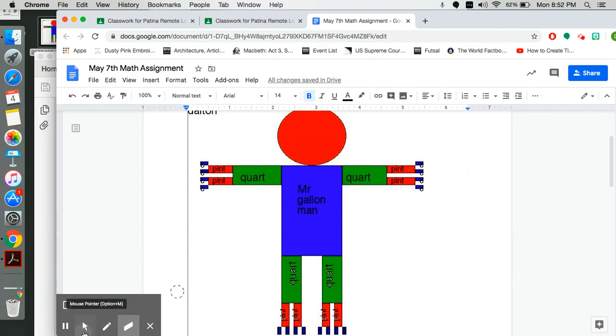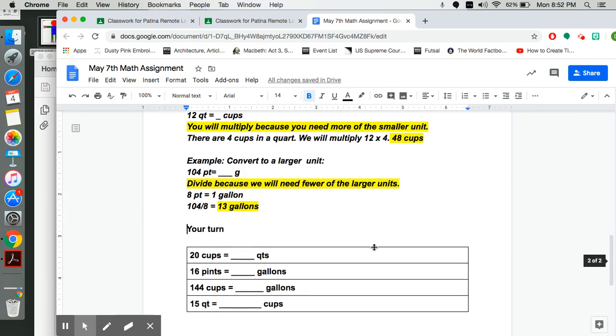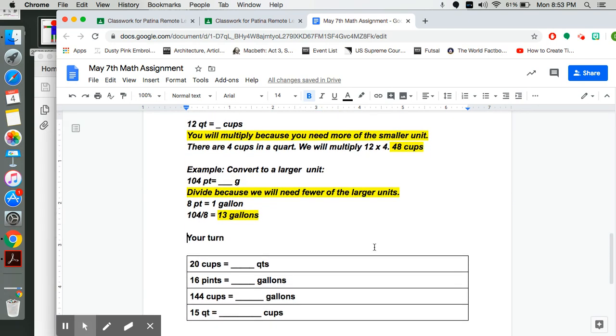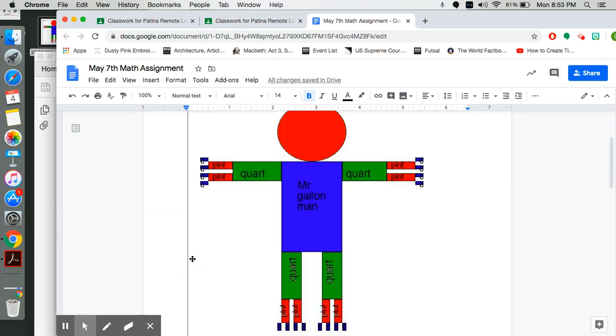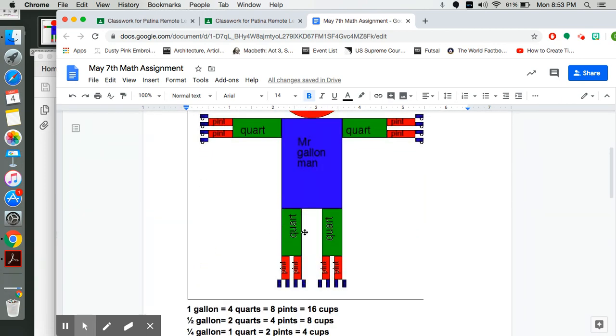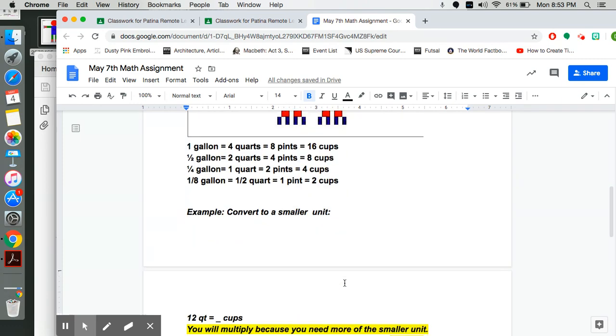Anyway, let us go down here and look at converting to a smaller unit. For example, I'm going from quarts to cups. So what's my unit that's bigger here? Quarts or cups? Well, quarts is the green. It's bigger than cups. So I'm going to be going from bigger to smaller, which means I will be multiplying.